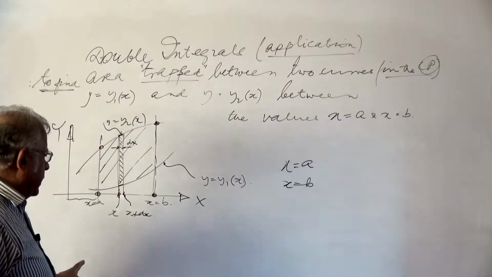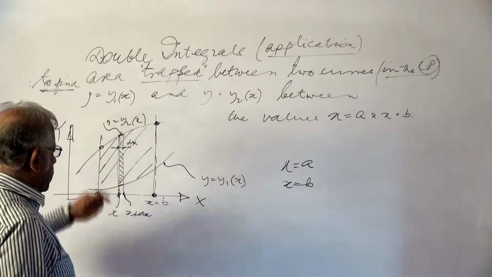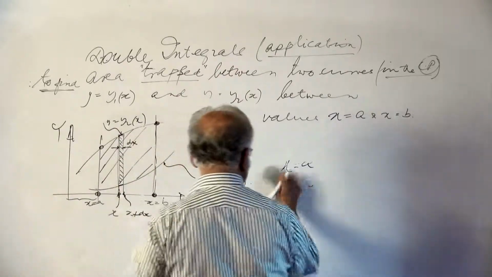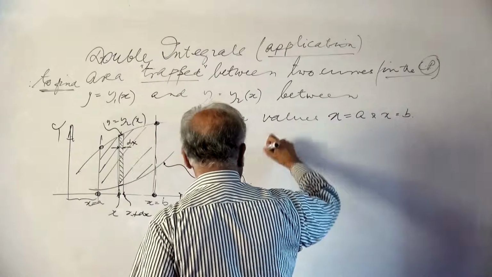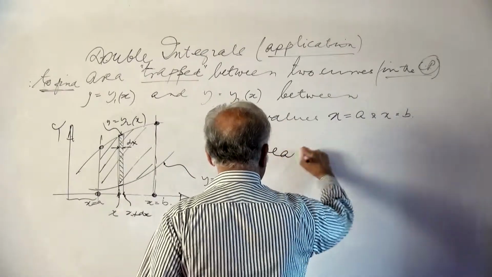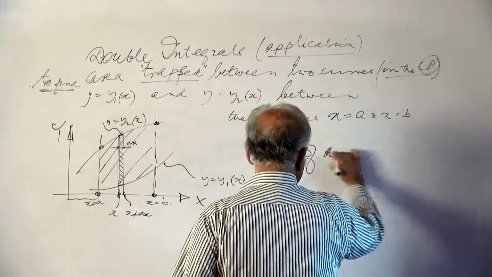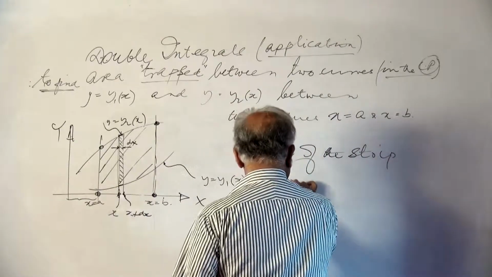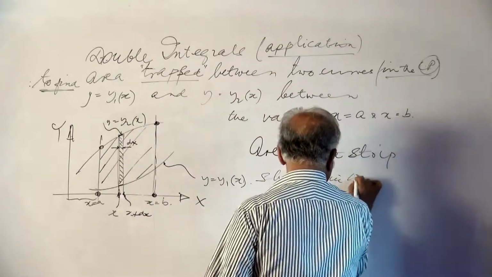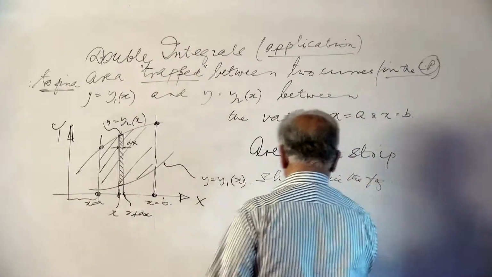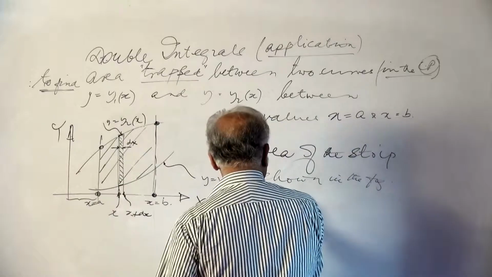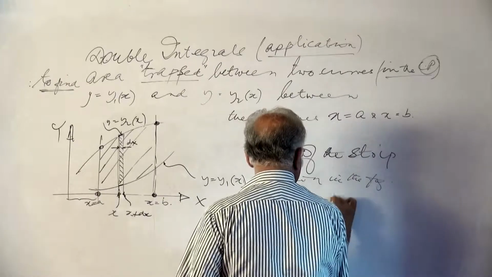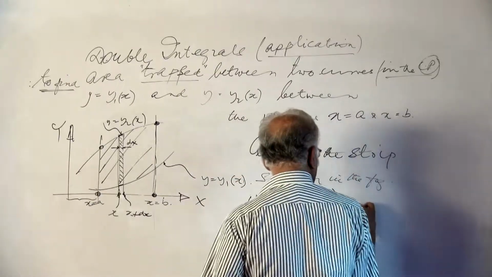Now one can easily see that the area of the strip shown in the figure is nothing but y2(x) minus y1(x) times the strip width.